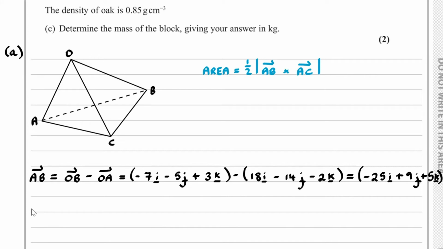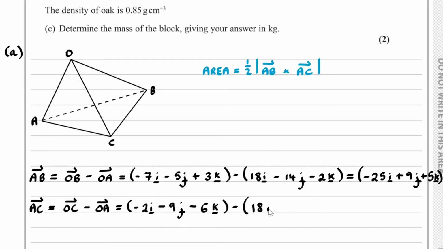And if we work out the vector AC, that's equal to OC minus OA. So this is equal to minus 2i minus 9j minus 6k minus 18i minus 14j minus 2k.